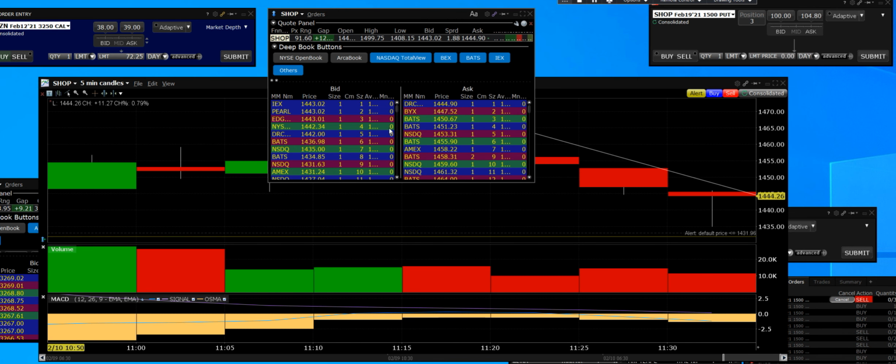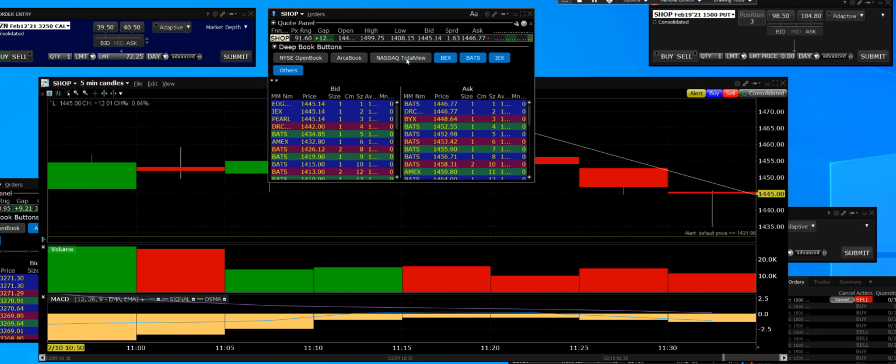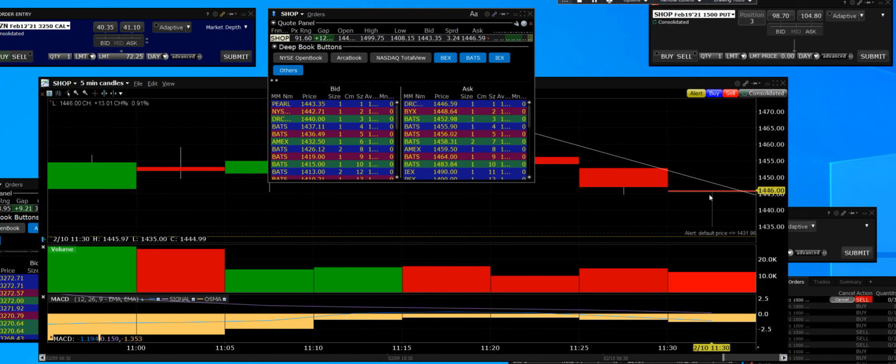So once again, it's electronic. We're going to take a look right here. We're direct access to the floor, and we are. But now the prices are coming up on that 5-minute wick. Right here is where it rested at 1435. That was the low of that 5-minute wick, 1435.